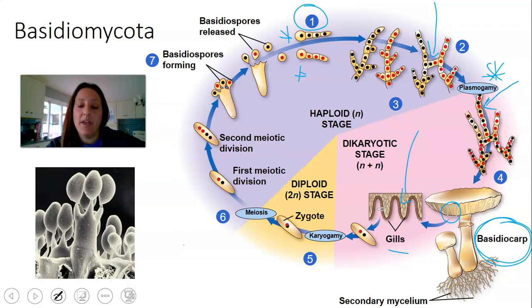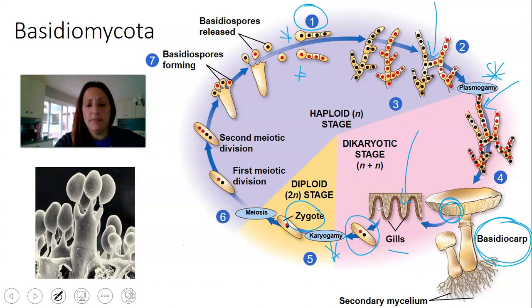And then on that basidiocarp on the underside, we will have gills. And on those gills, right, here's a dikaryotic cell, the nuclei in those cells will fuse, so that's karyogamy. And so we will end up with a zygote. And again, that's going to happen all across the gills.